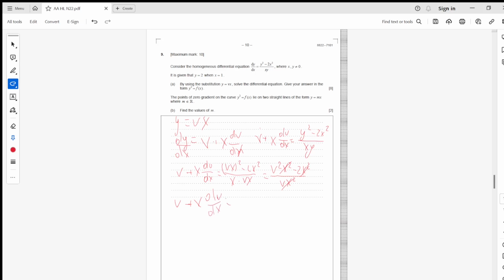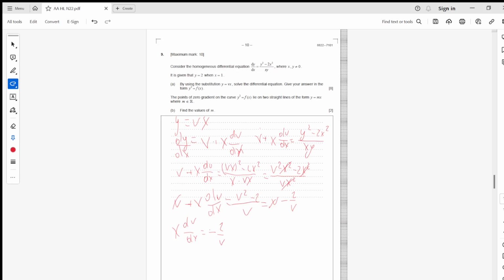is equal to v squared minus 2 divided by v, which is equal to v minus 2 divided by v. And we can subtract those v's. And what we get is x dv/dx is equal to minus 2 divided by v. Let's always bring v to the left side and x to the right side.